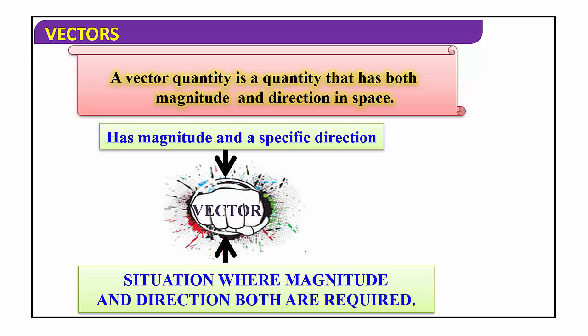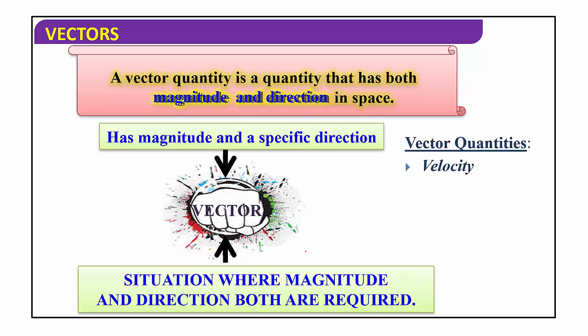A vector quantity is a quantity that has both magnitude and direction in space. Scalar quantity is having only magnitude, but vector quantity is having both magnitude and direction.